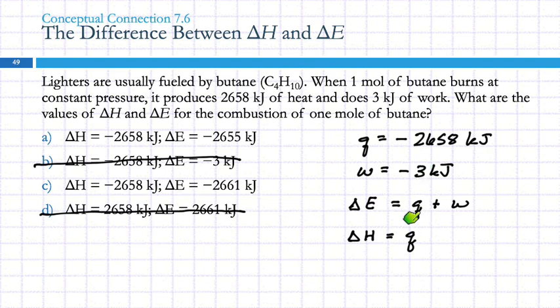We're going to add these two numbers together. Are we going to get negative 2655 or negative 2661? Negative 2661. So this is the answer. Now, those values are very close to each other, right? So in Chem 1A, we just really don't worry about the work part at all.